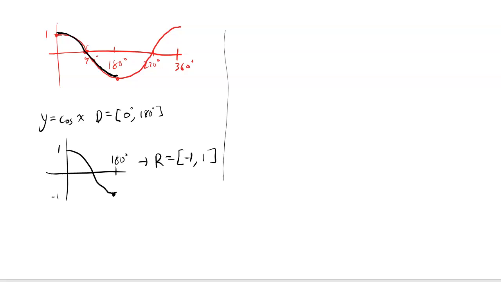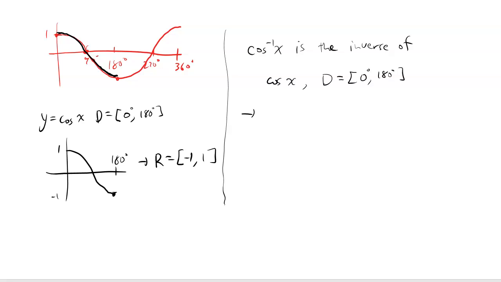And now we can say pretty much the same thing as before, which is cosine inverse of x is the inverse of cosine x with domain restricted to 0 through 180. Okay. And therefore, cosine inverse of x has domain, which is the range of the previous function, and then range would be our previous domain.